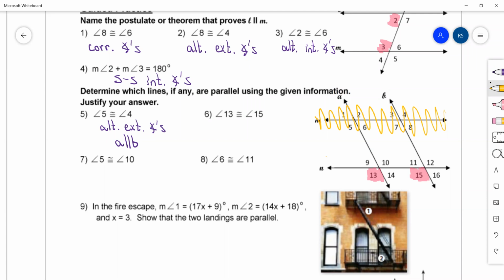Now, what kind of relationship do 13 and 15 have? They are corresponding angles.